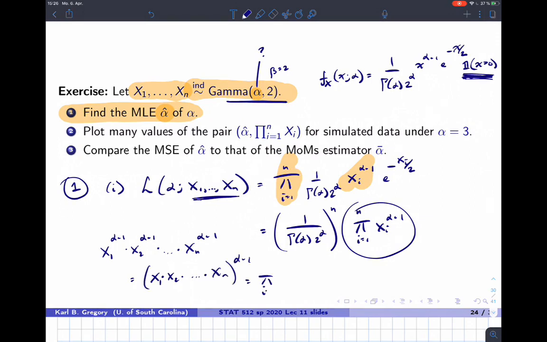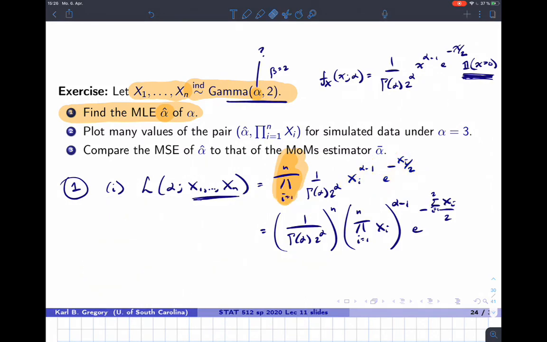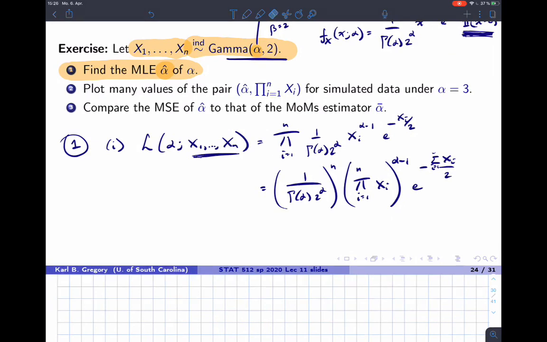So I'm going to take the product and then raise it to the power alpha minus 1. And when I take the product and let it operate on the exponential part, it's going to come up as a sum. Okay, let's get rid of this clutter. Here is my likelihood function. This is supposed to be n.